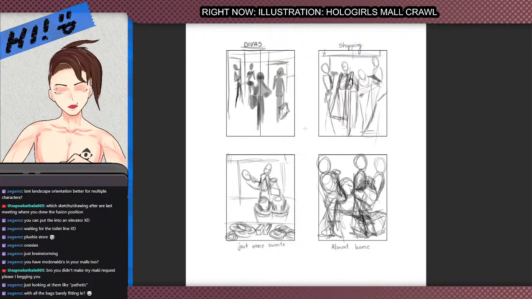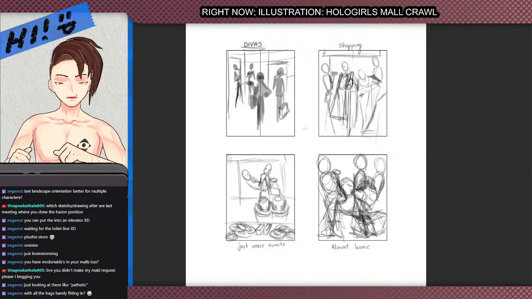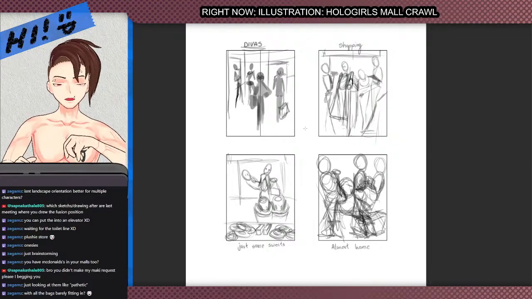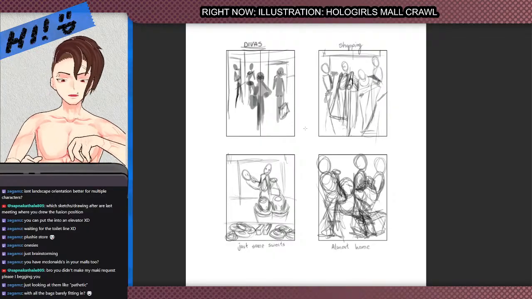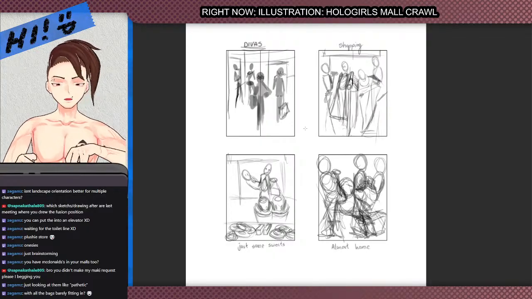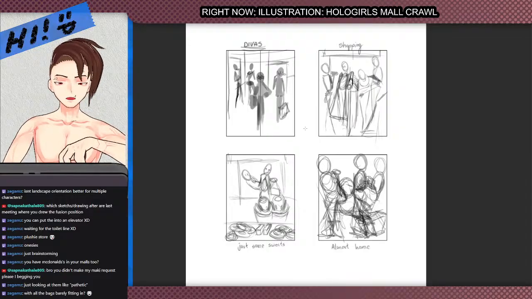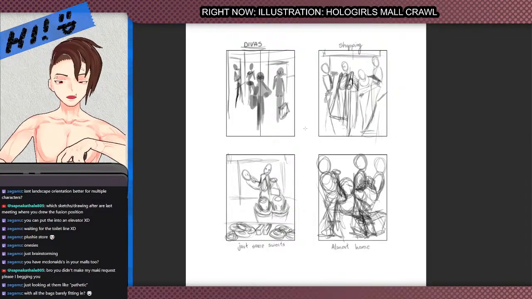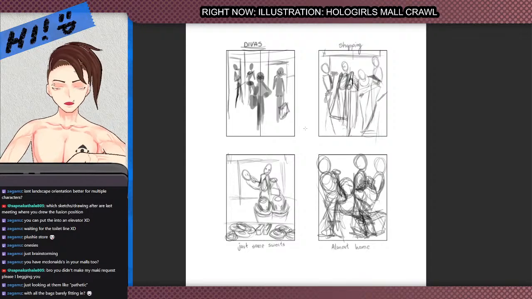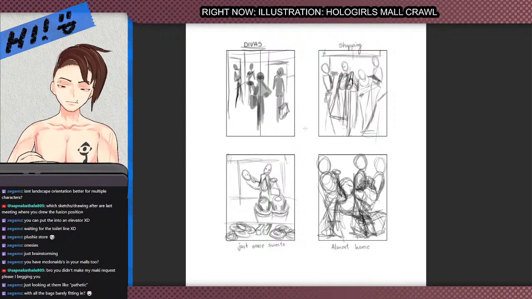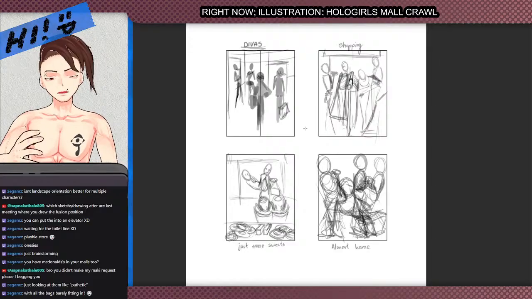ERB is also quite close with Nerissa, so those three might hang out closer to one another. I could make a jealousy circle with Ollie as the main character in the illustration. That would make a lot of sense, but it's supposed to be the girls' mall crawl, so they're supposed to be a pack together, right? So that's something I need to focus on.